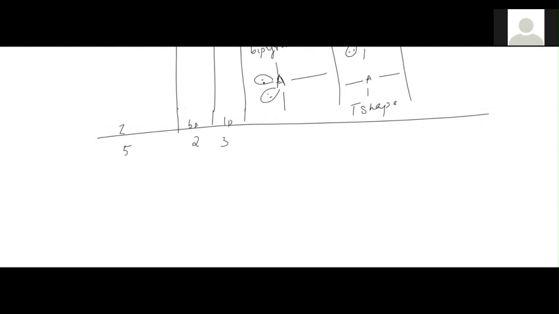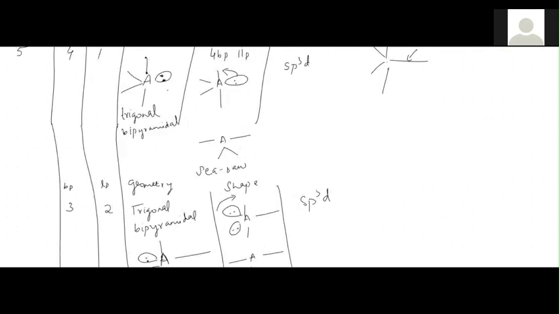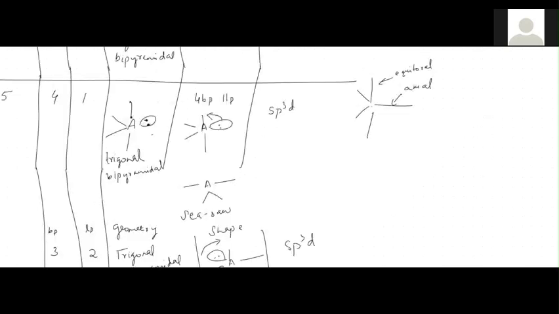In that case, I'm placing the 3 lone pairs along the equatorial positions, and the 2 bond pairs are the axial ones. So that's what I showed over here. Equatorial ones are the ones that are in the same plane, axial ones are the ones above and below the plane.